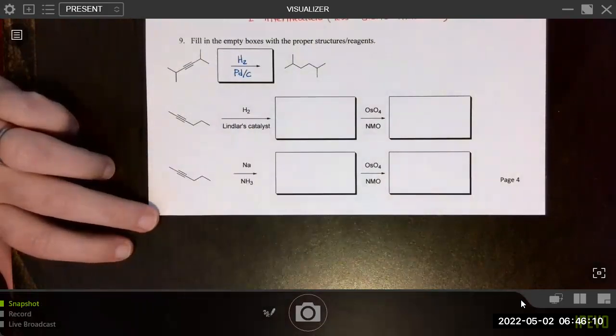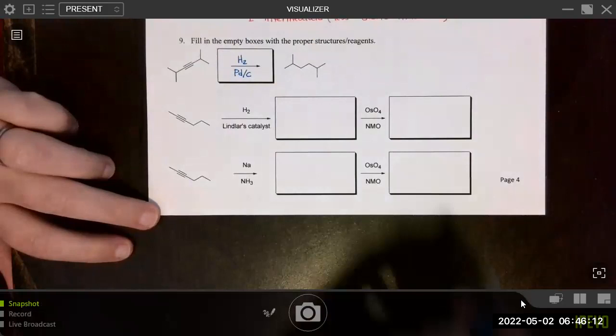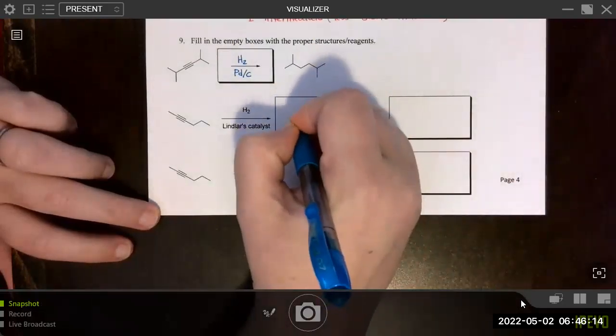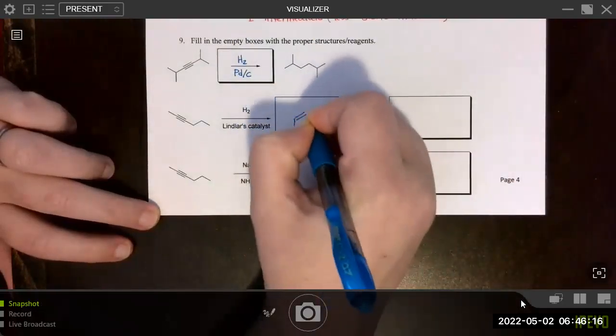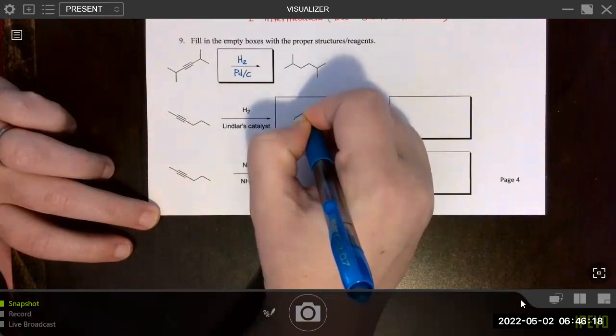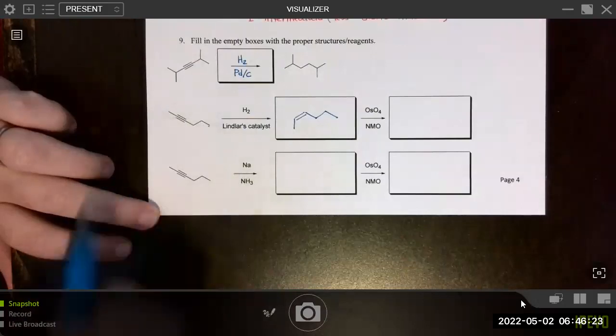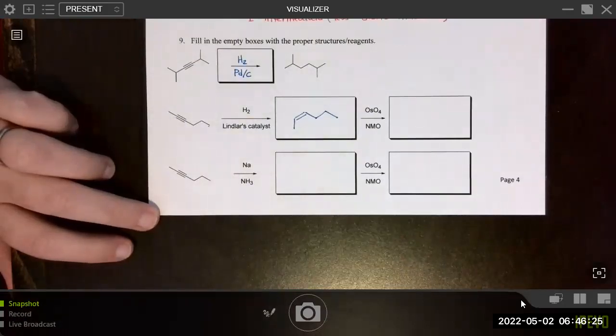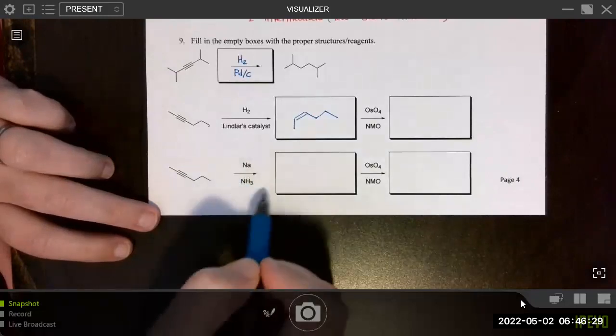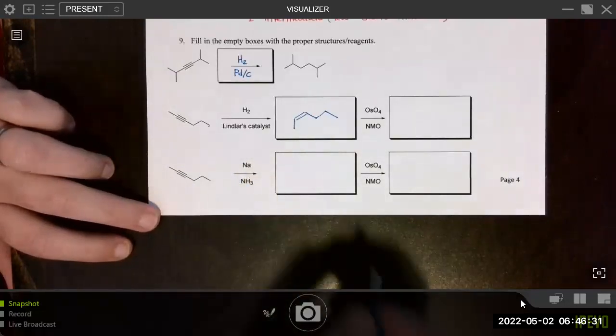This is going to give us a cis alkene. So we can draw the alkene cis. And then if we had used sodium metal and liquid ammonia, we would have gotten the trans alkene.